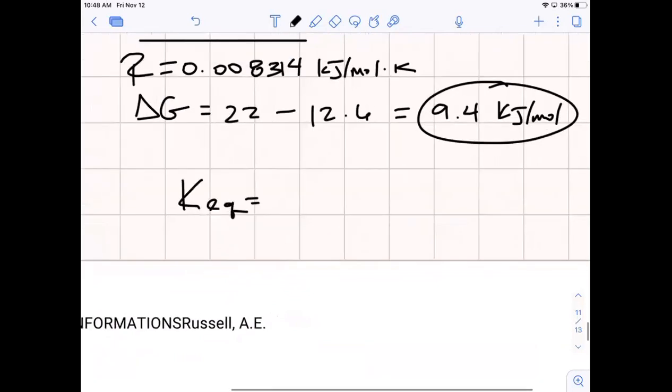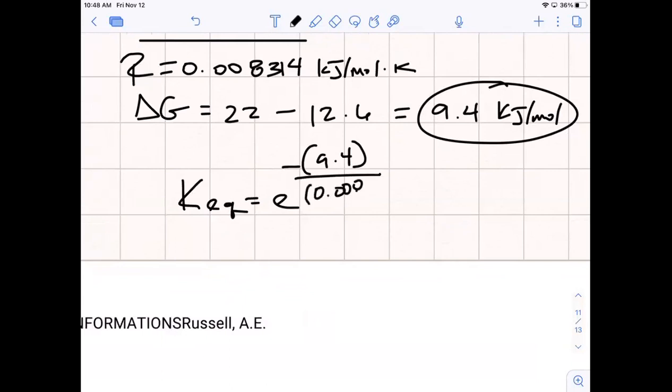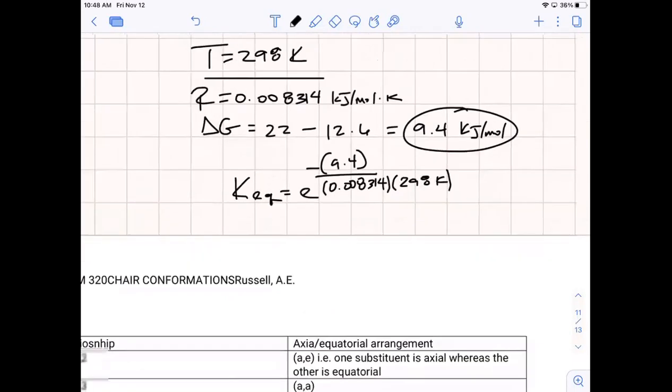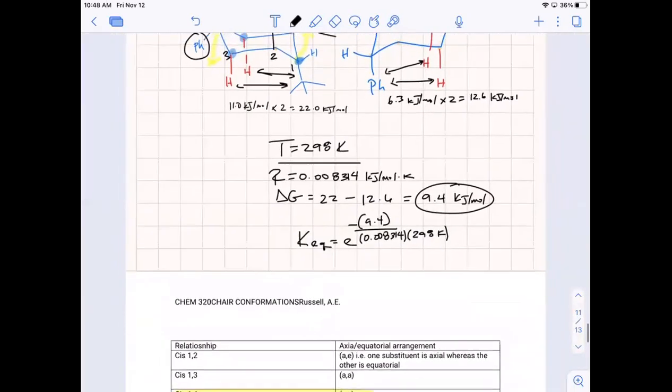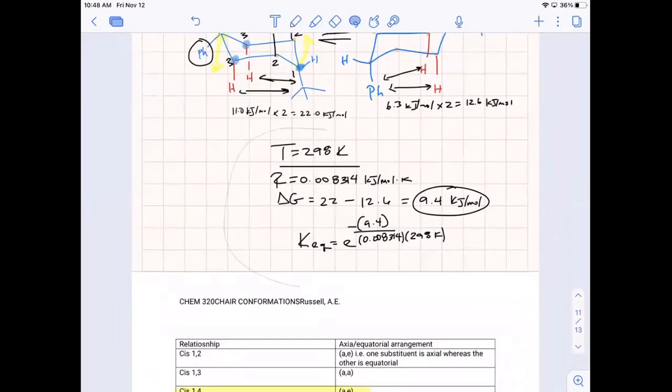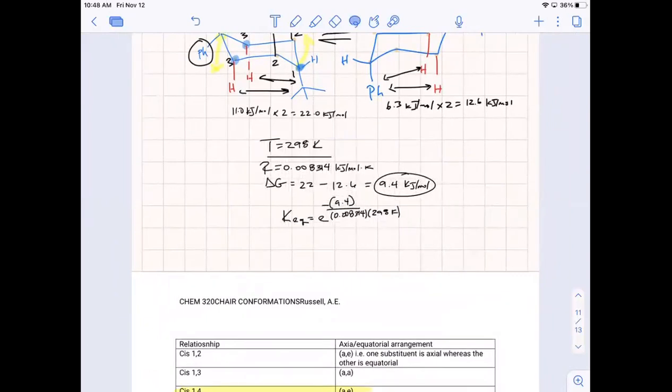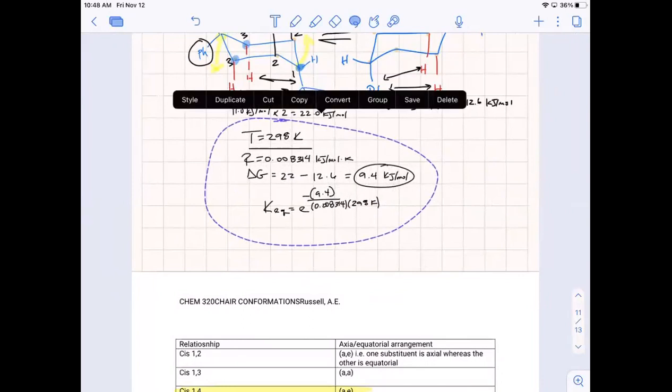Do we find the Keq for each one? Yeah, we want to find Keq. So we already found delta G. We know what R is. I'm just going to stick the numbers in. So that's my calculation right there. Once I know the temperature, the R is a given because it's a constant.